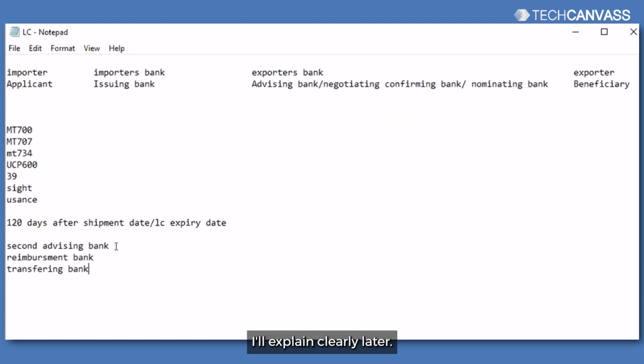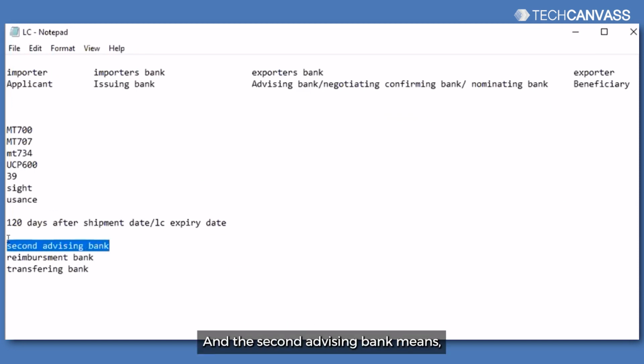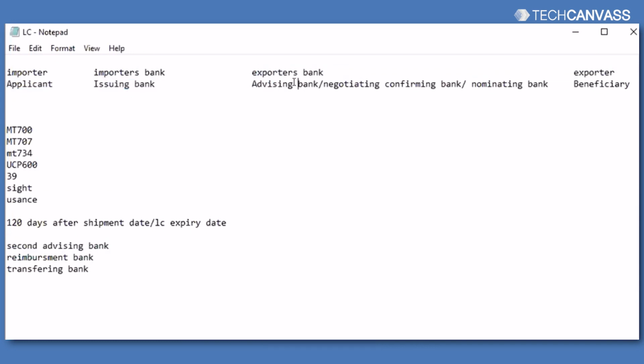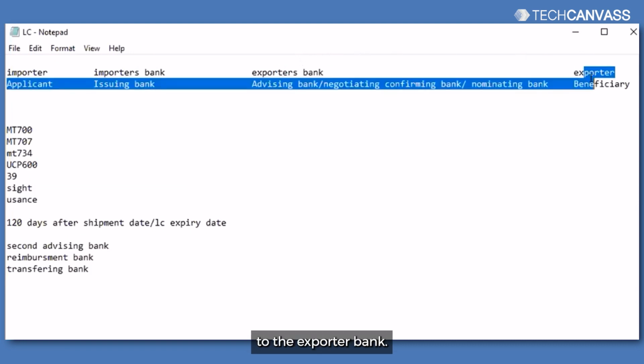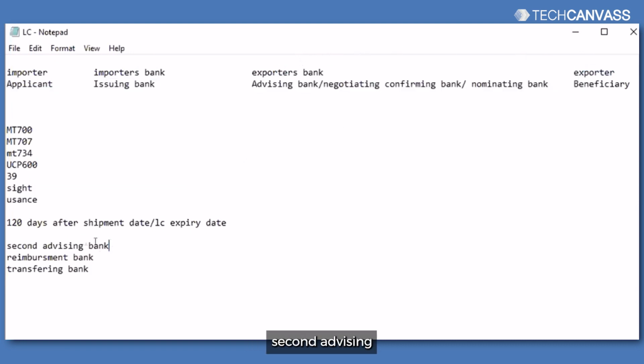I'll explain clearly later. The second advising bank means, if suppose the exporter's bank, after checking the letter of credit, doesn't want to advise the letter of credit, they'll pass it to some other bank and ask them to advise that letter of credit to the exporter. In that case, the second advising bank will come into the picture.